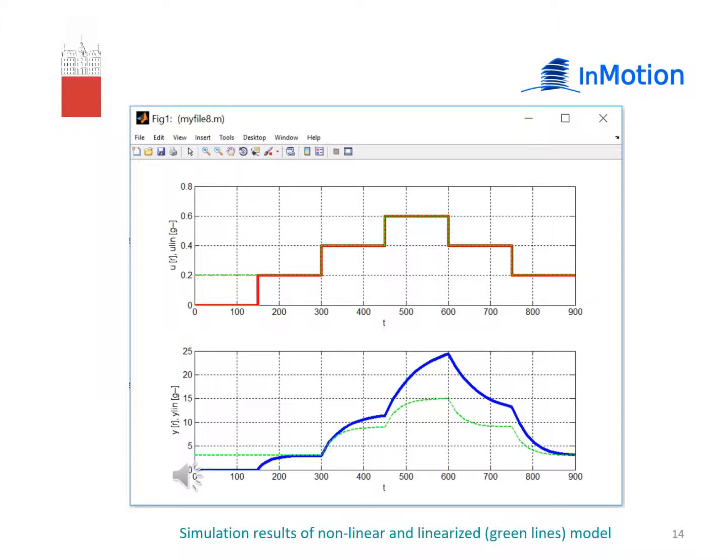From this, the following can be concluded. For small changes of the input signal delta U, the linearized model is a relatively good approximation of the nonlinear one. The success of such an approximation may sometimes be improved by the use of parametrization or even optimization.